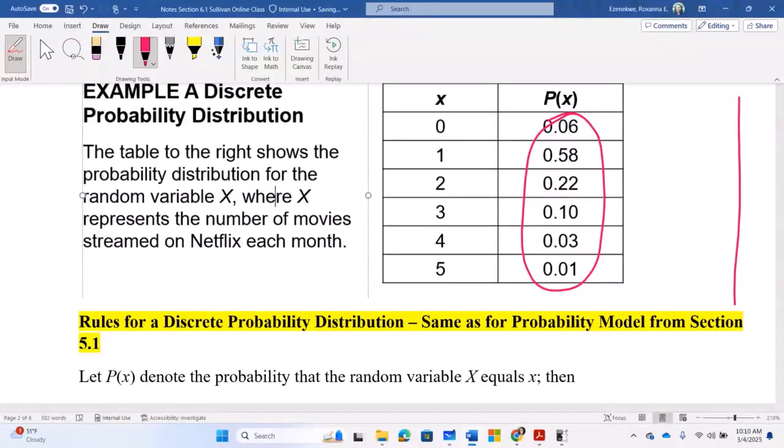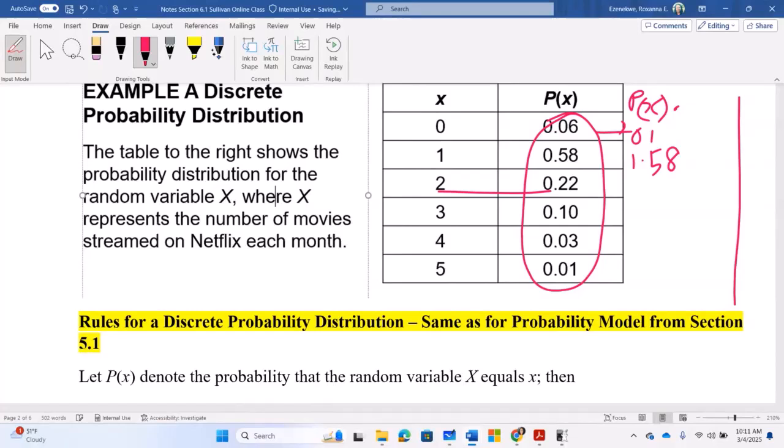This is the expected value: the probability multiplied by the discrete value. So 0 multiplied by 0.06 is 0, so there will be 0 from here. Plus 1 times 0.58 is 0.58.